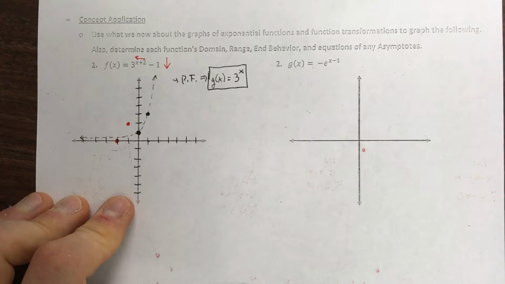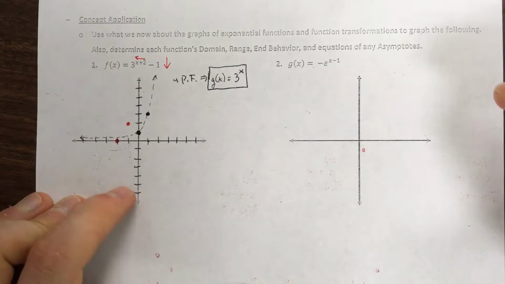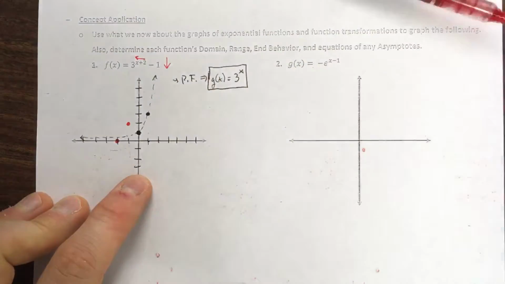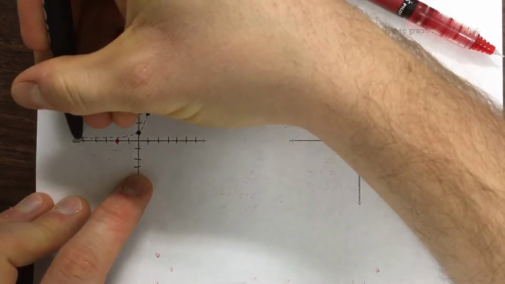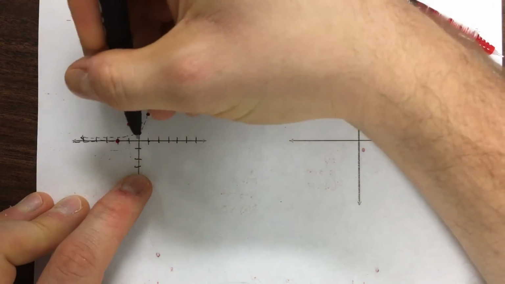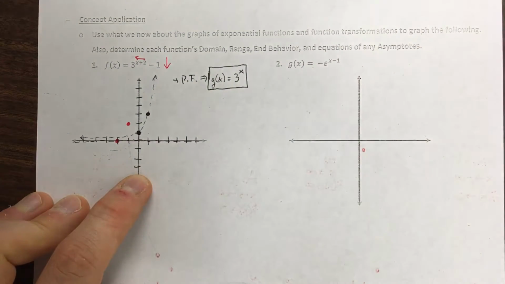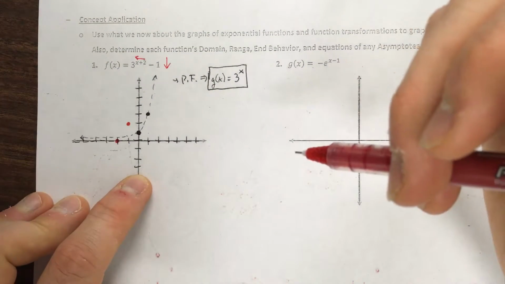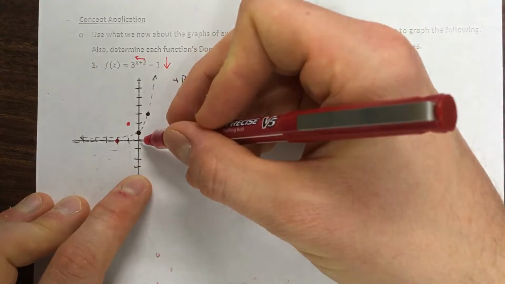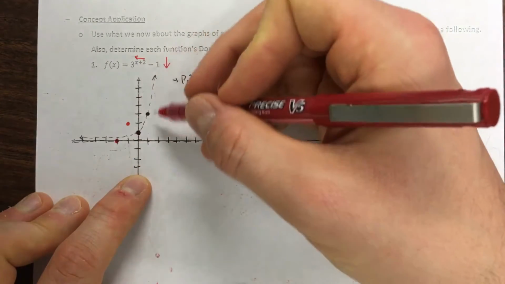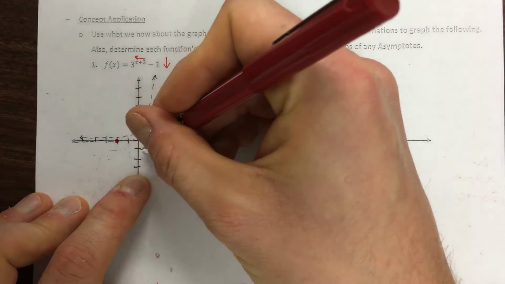Now, we also have to be careful here because we had originally a horizontal asymptote here on the x-axis. But we shifted our function to the left 2 and down 1. So this asymptote, because we moved everything down 1, also shifts down 1.